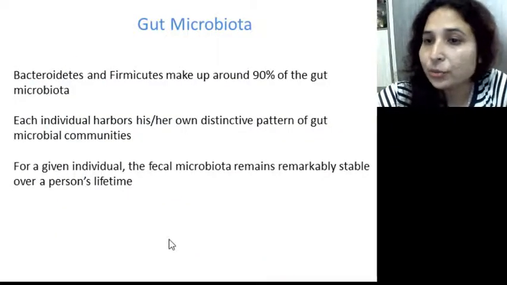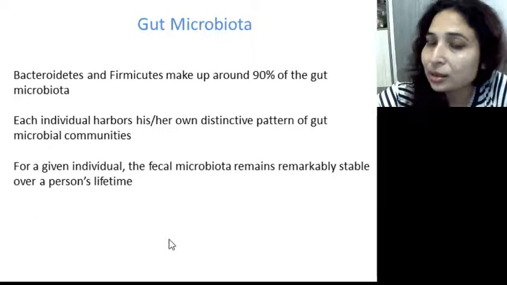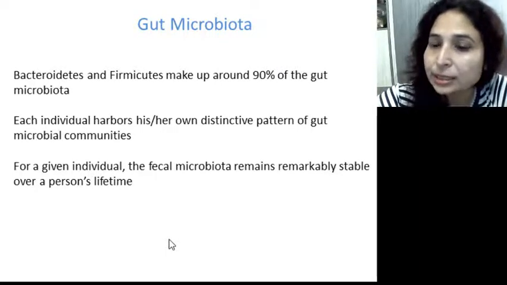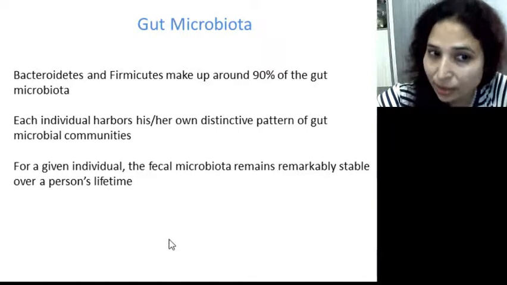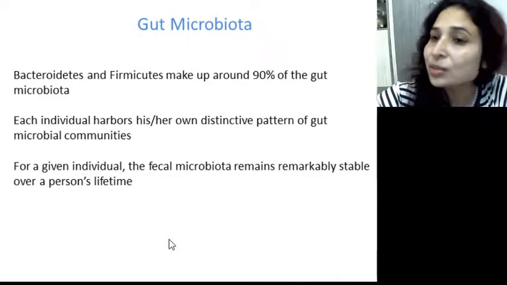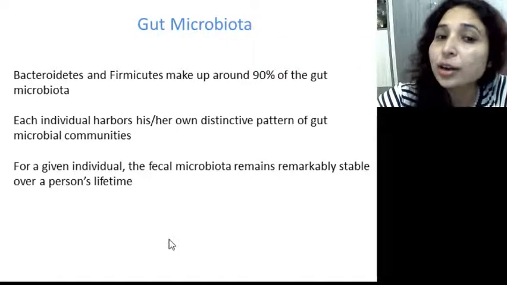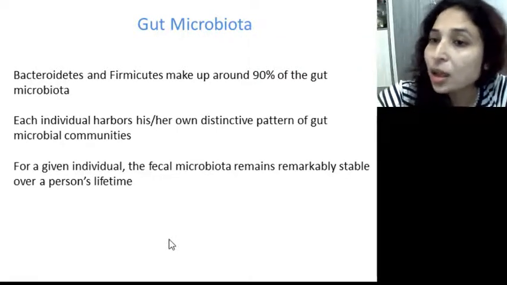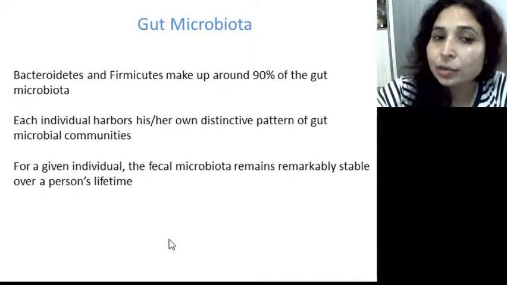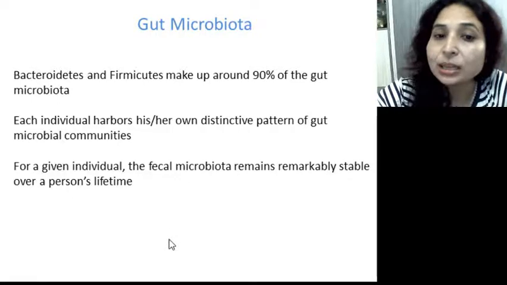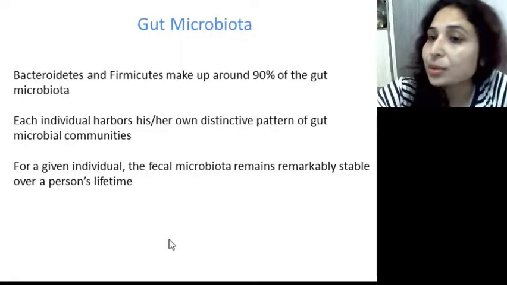So if we talk about the gut microbiota, we have Bacteroidetes and Firmicutes. They make up 90% of the gut microbiota, and each individual harbors his or her own distinct pattern of gut microbial communities, which I already discussed earlier. For a given individual, the fecal microbiota remains almost stable over a person's lifetime.